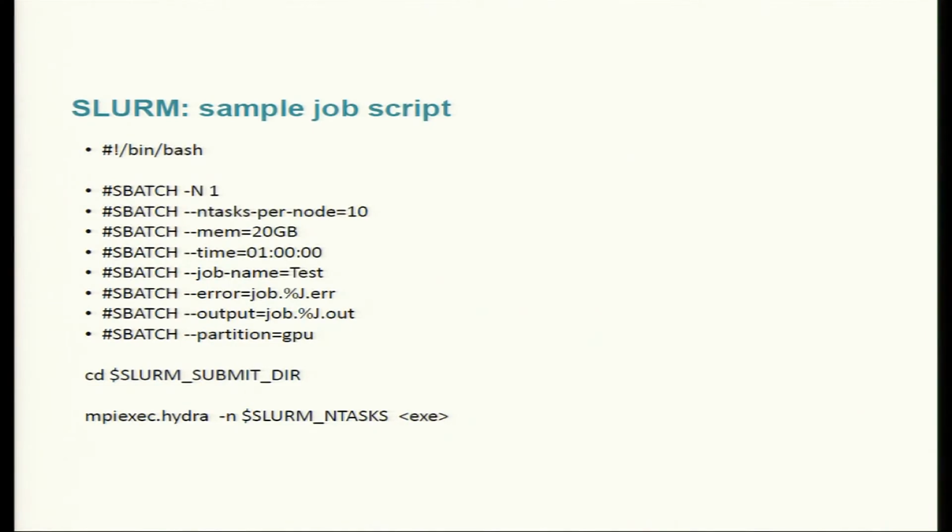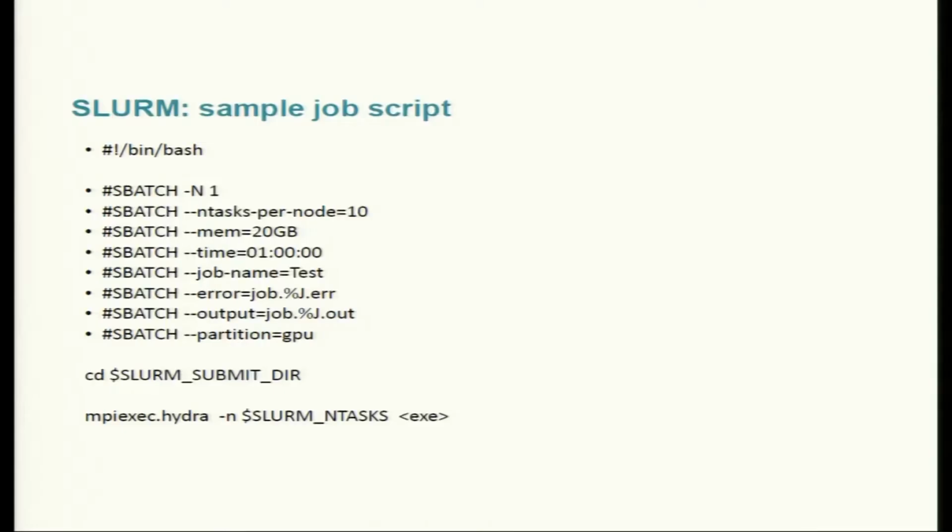So whenever we submit our job, we get a unique identification with respect to that job, so that we can uniquely identify the output of that job. This job file would be named with this job ID.